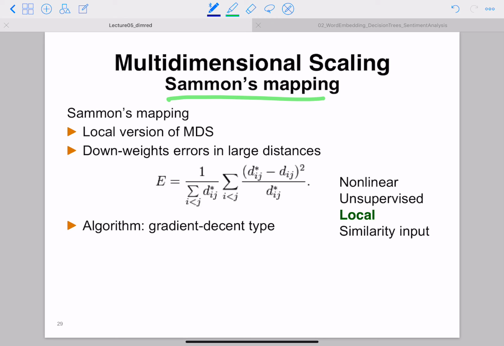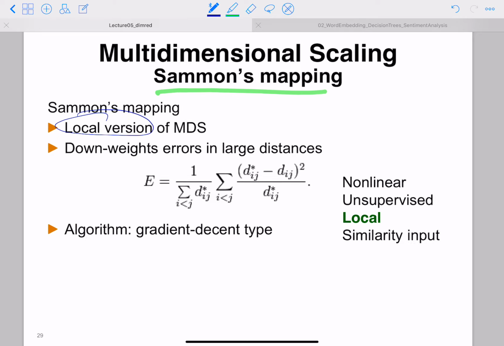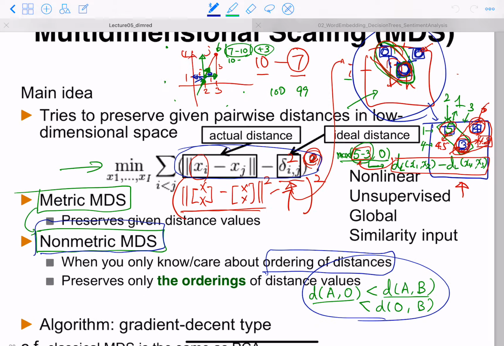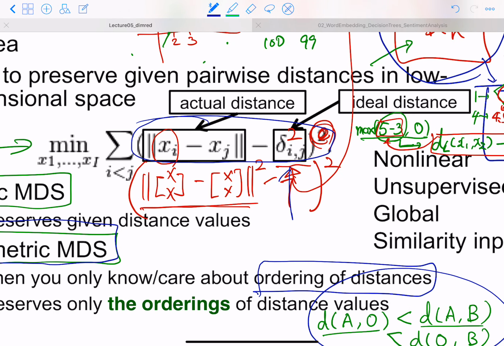So this is a local version of an MDS. Suppose our ground truth distance is, for example, 10, and for some other pairs the ground truth distance is just 2.